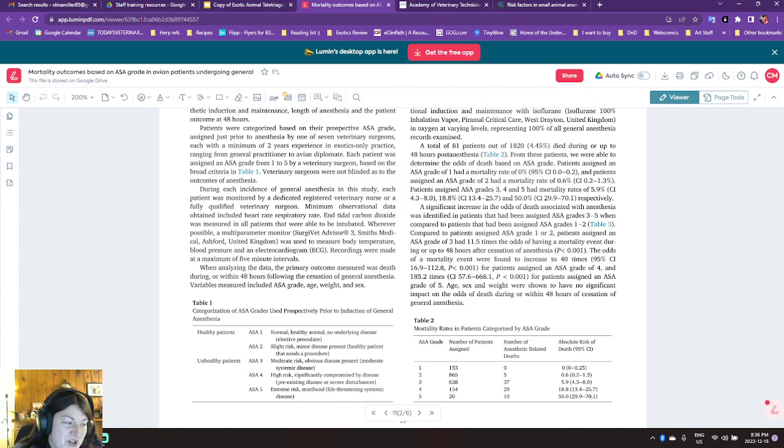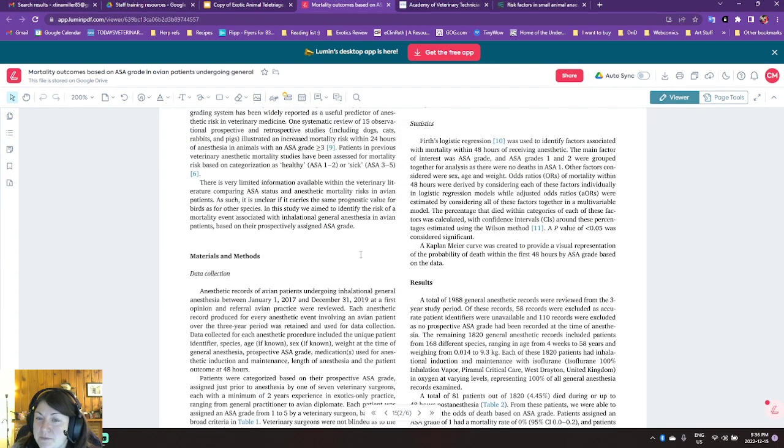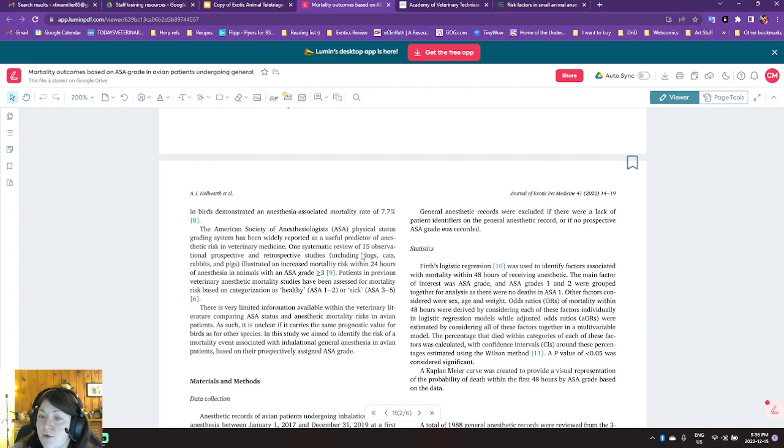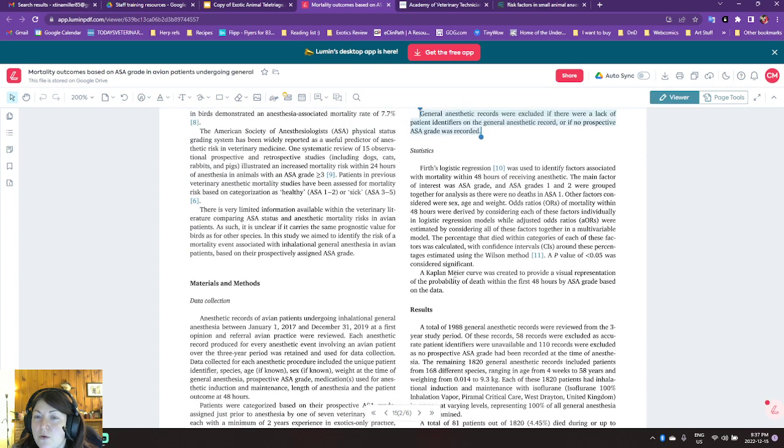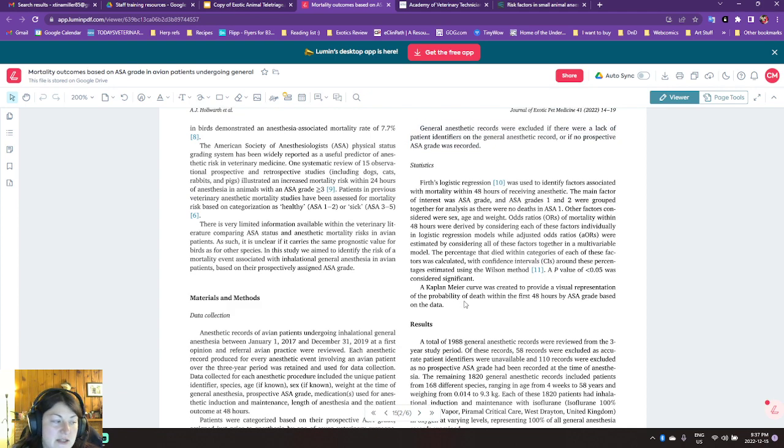So anyway, moving off of insurance. Okay, so if there was no ASA grade, or if their patient identifiers were vague or not really clear on the record, then they omitted those records, which makes sense. So they did some statistics. Once again, I'm not going to get into the details of statistics.